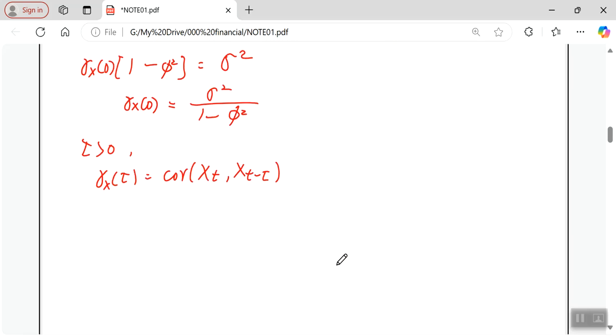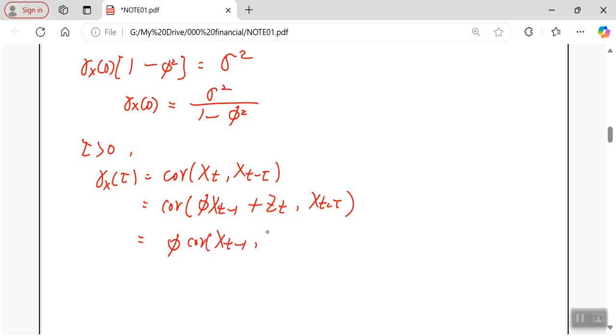Okay, so then we do the same thing, expand the value: xt equals phi xt minus 1 plus zt, with xt minus tau. So this one we just remain as t minus tau. So you have phi, by the linear property, covariance of xt minus 1 and xt minus tau, plus the covariance of zt and xt minus tau.